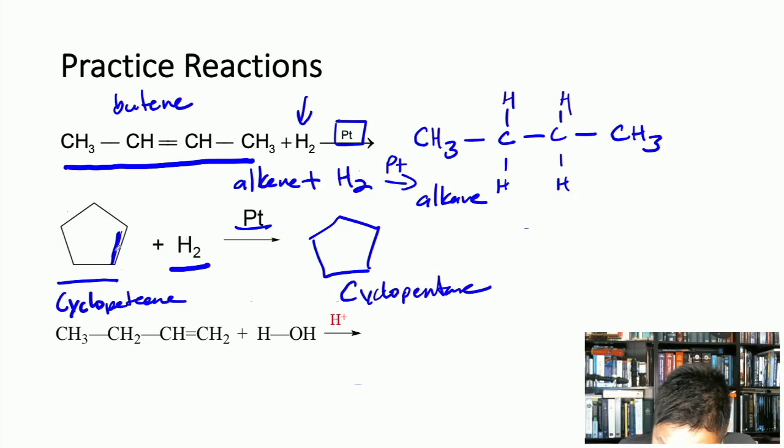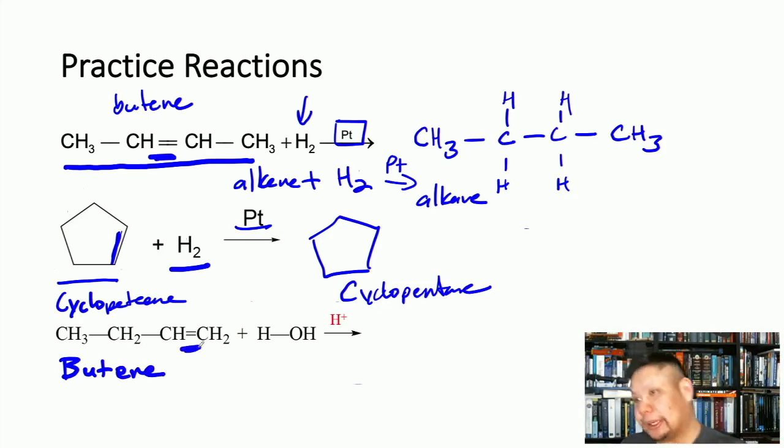And then here we have another butene, an isomer of butene, right? The previous isomer of butene had the double bond in the middle. This butene has the double bond at the end.